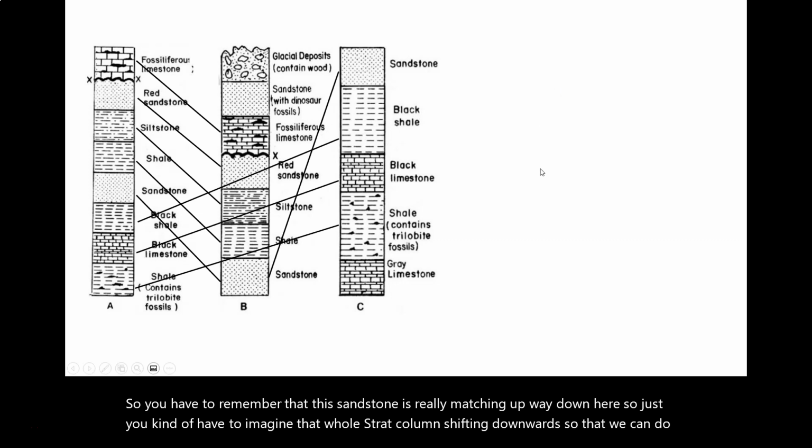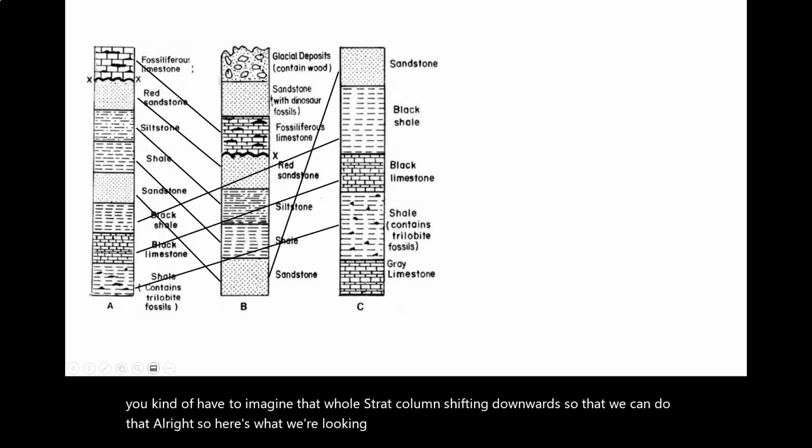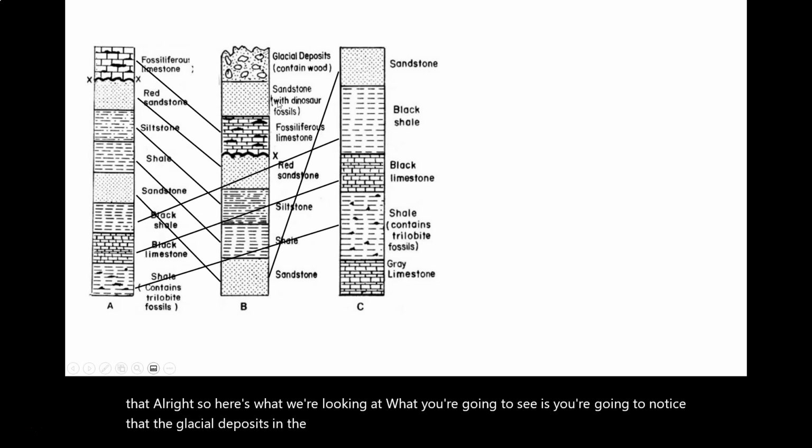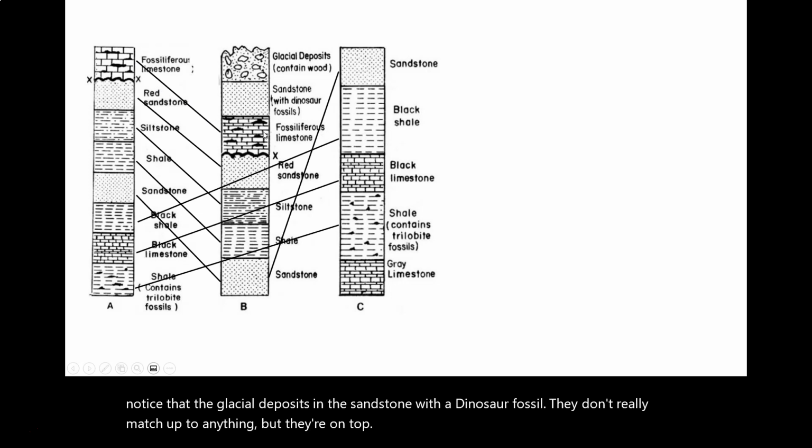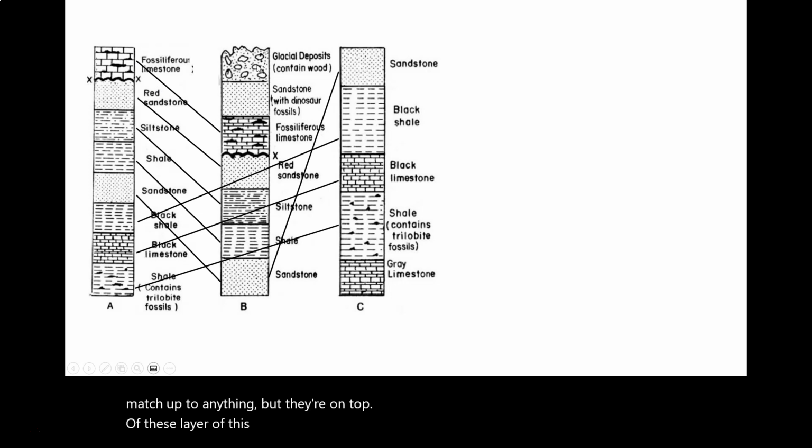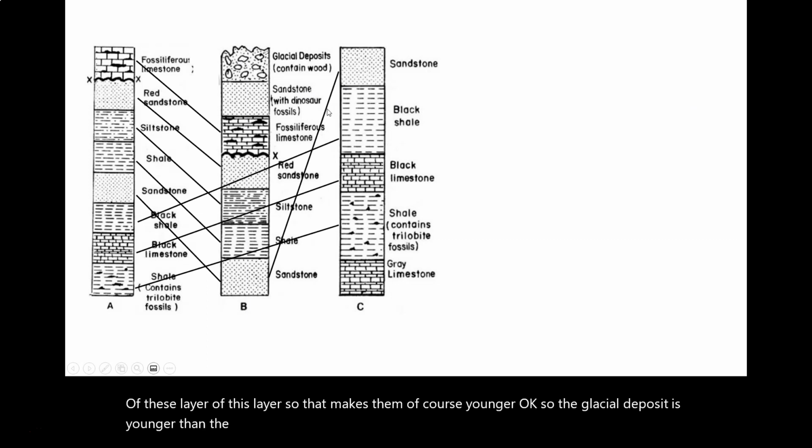All right, so here's what we're looking at. You're going to notice that the glacial deposits and the sandstone with a dinosaur fossil don't really match up to anything, but they're on top of this layer. So that makes them, of course, younger. Okay, so the glacial deposit is younger than the sandstone with dinosaur fossils.